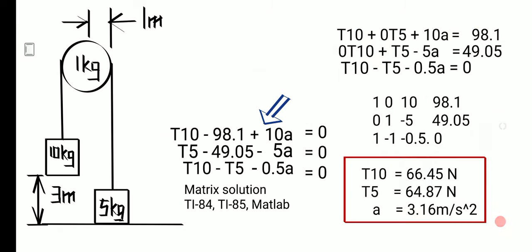And when you solve it, you get T10 is 66.45 newtons, T5 is 64.87 newtons, and acceleration is 3.16 meters per second squared, which makes sense because the rotational inertia of your pulley is going to pull energy from your system, so you would expect it to accelerate slower, right?